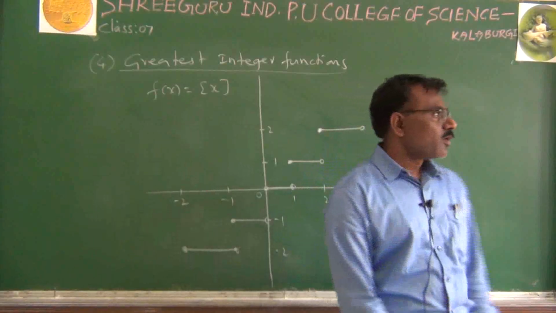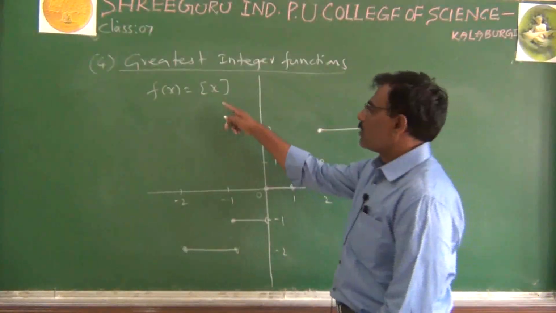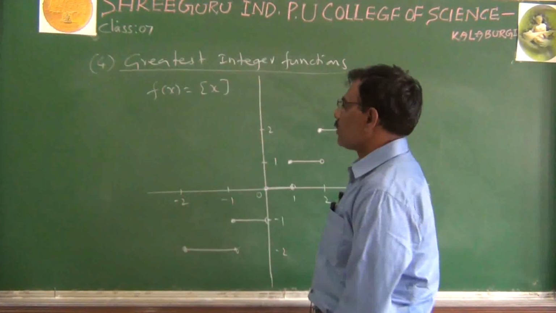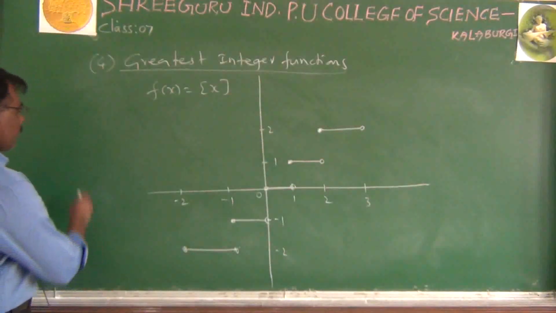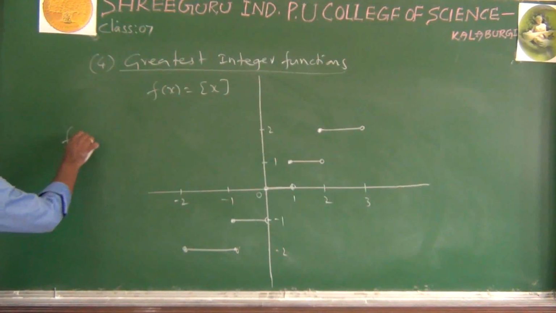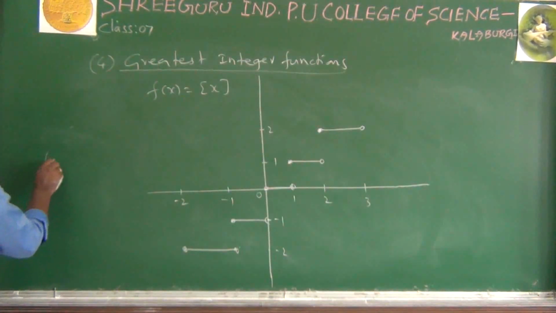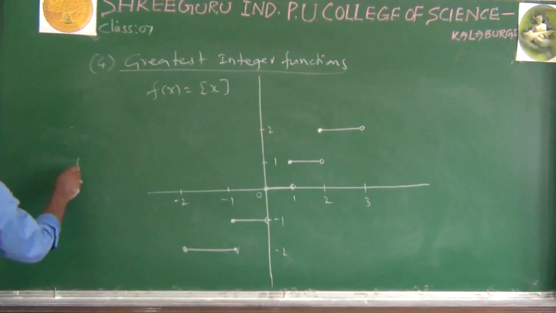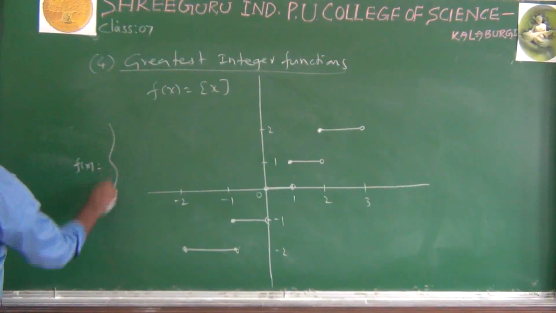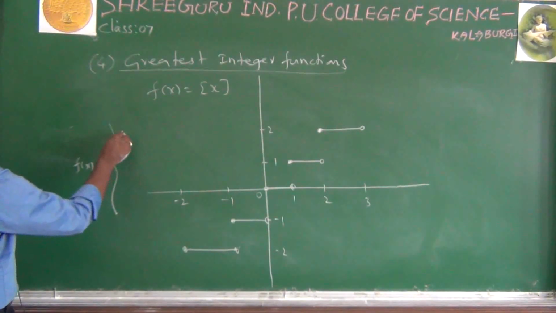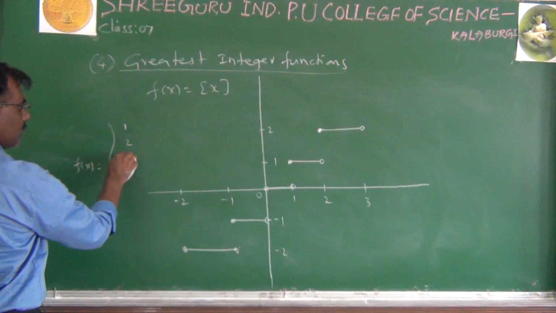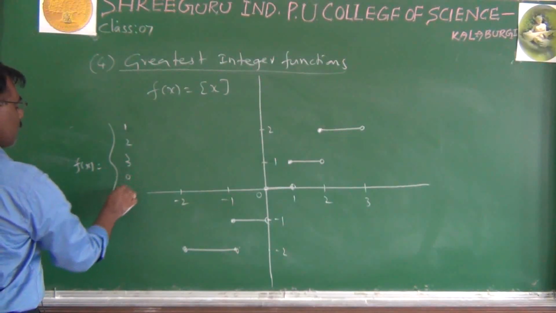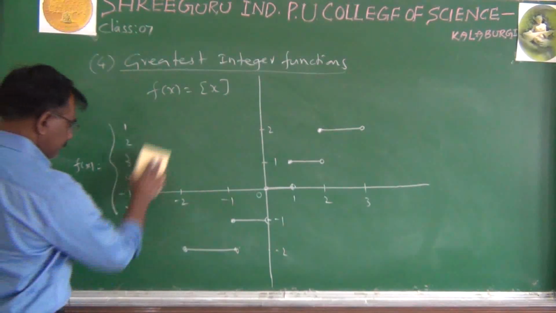f of x is this symbol, this greatest integer function. For example, f of x equal to, take 1, 2, 3, 0, minus 1, minus 2.